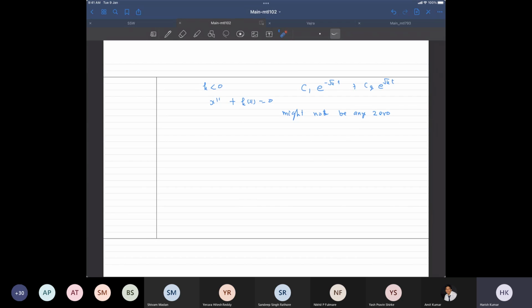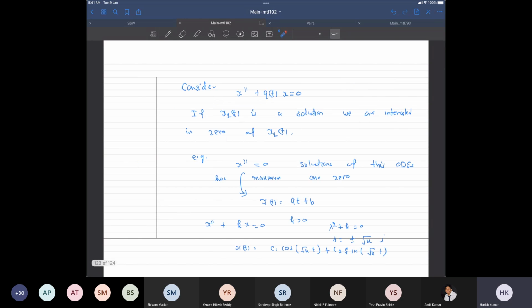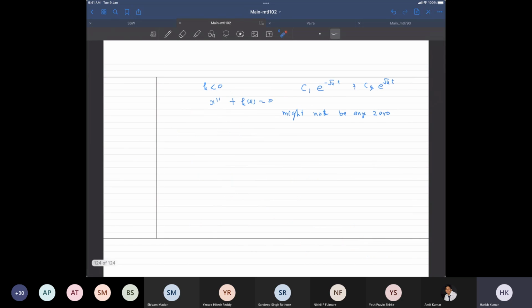So now we are interested in looking at this q. What can we say about the solutions or the behavior of the solution? We might not be able to find the solution, but we can definitely say something about it. So now, by looking at these examples, and I'll keep coming back to them whenever I need, let us define a particular behavior of the solution.